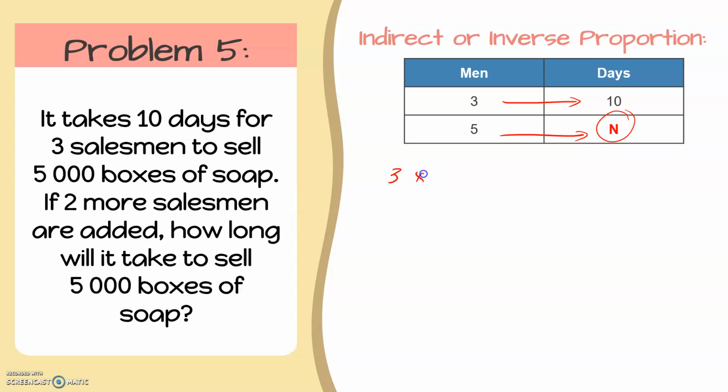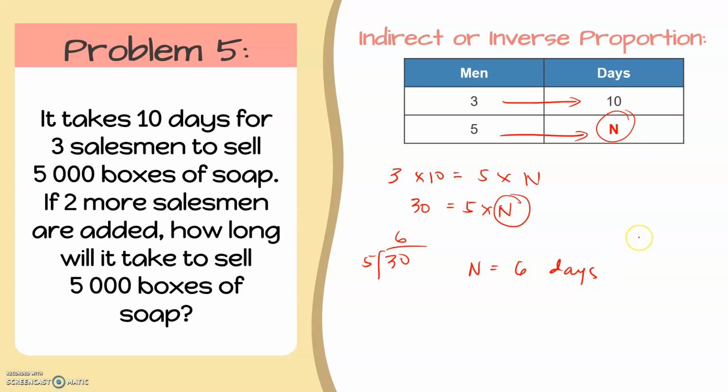So that will be 3 times 10, equal to 5 times n. 3 times 10 is 30, and 5 times n is still 5 times n. To find the value of n, we'll divide 30 by 5, and this will give us 6. Therefore, it will take 6 days for 5 men to sell the 5,000 boxes of soap.